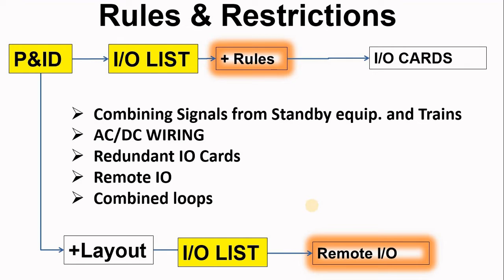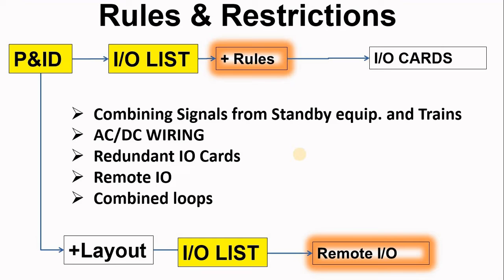That will reduce the amount of cables between the signal devices and the PLC or your DCS. So you need your P&ID, you need the layout, and then the I/O list, and you need to know what I/O will be in the remote cabinet and which will be in your marshalling cabinet.